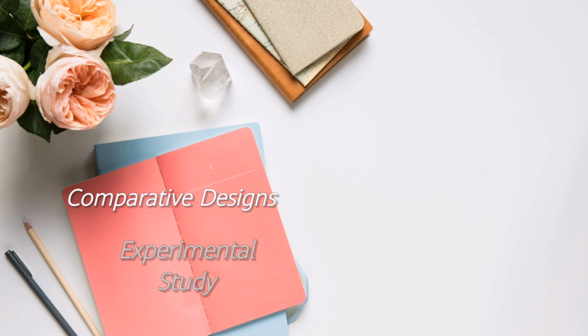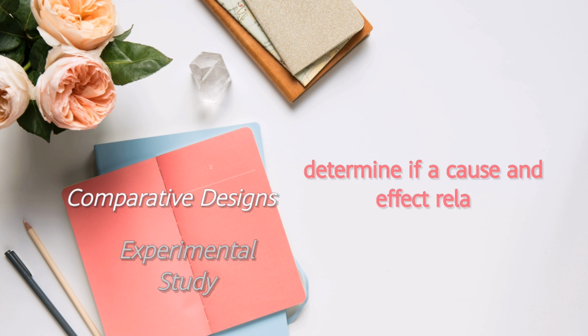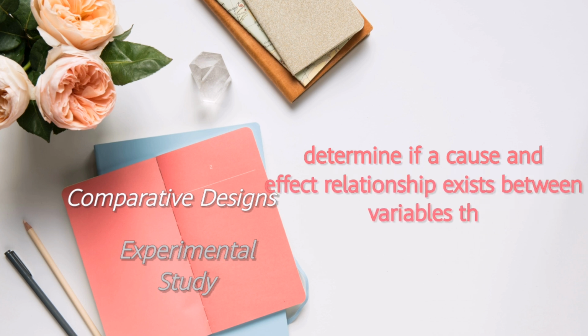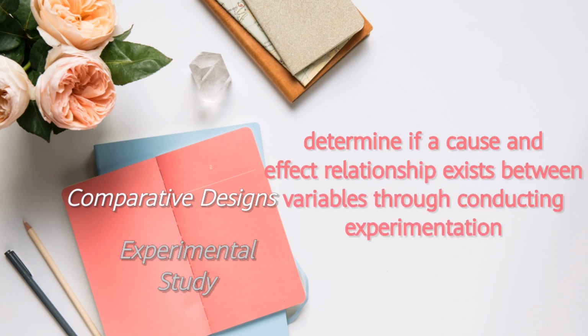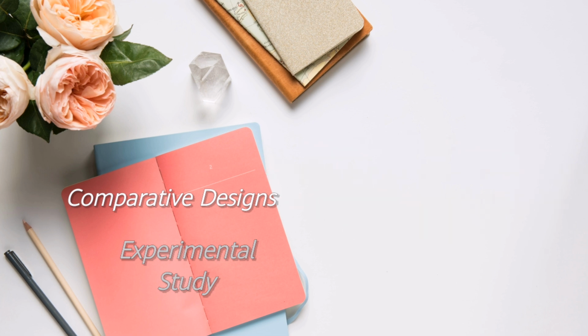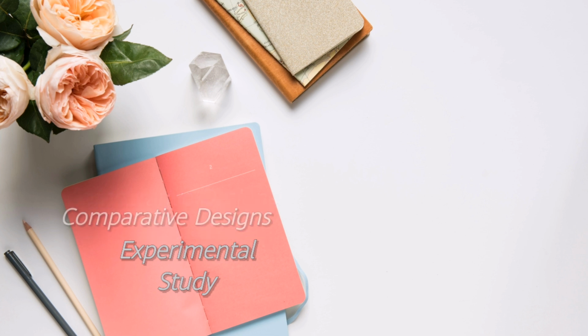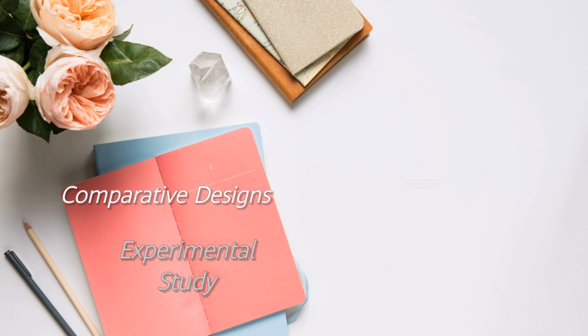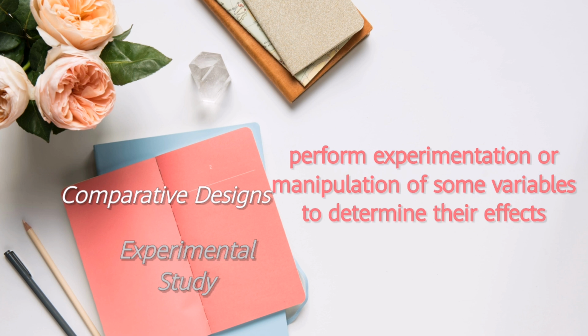Experimental study mainly aims to determine if a cause and effect relationship exists between variables through conducting experimentation. Thus, while predictive design also concerns about cause and effect, experimental researchers actually perform experimentation or manipulation of some variables to determine their effects.